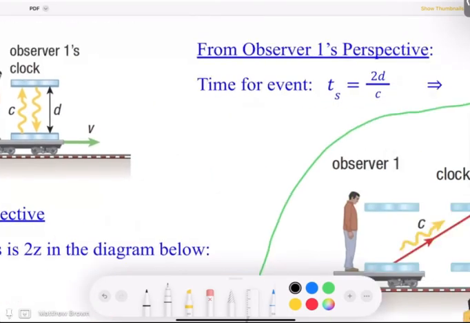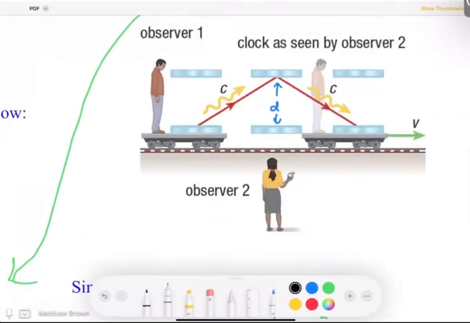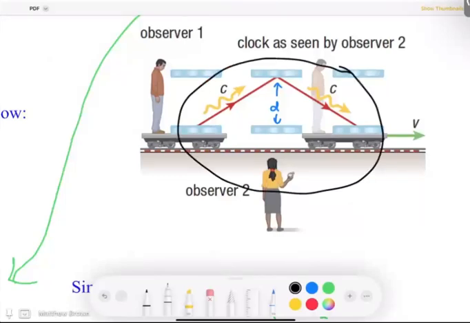Observer 2, though, says, no, that didn't take 1 second for light to go to the ceiling and come back down. And it didn't go straight up and down. It followed this path. It went on an angle because this observer was moving. And they might say, no, that actually took 7 seconds for this to happen.